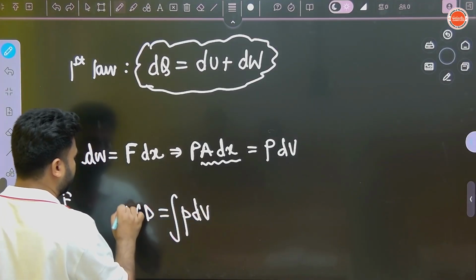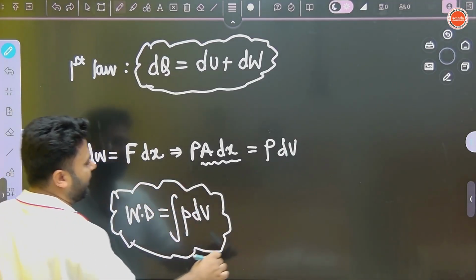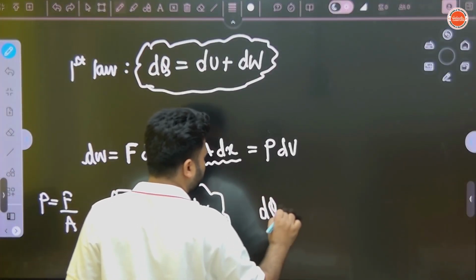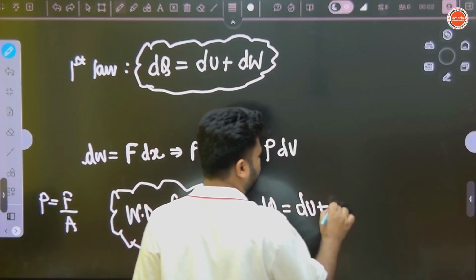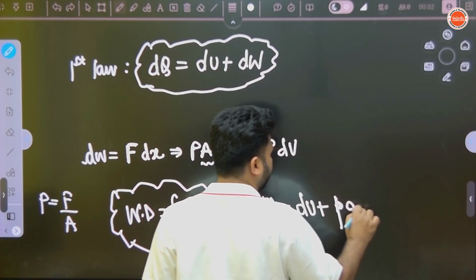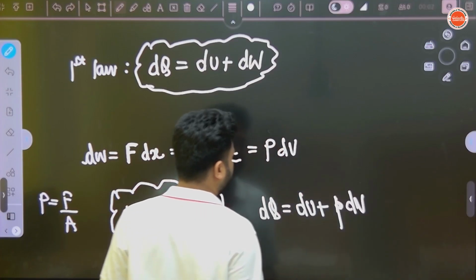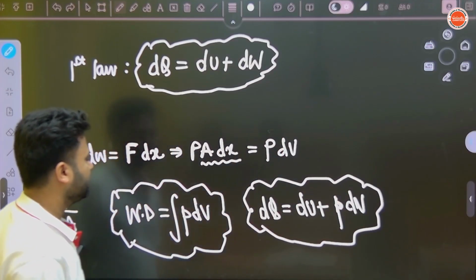This is also important. So you can write the first law like dQ equals dU plus dW, and dW you can write as P dV. This is the work done. This is also the first law of thermodynamics.